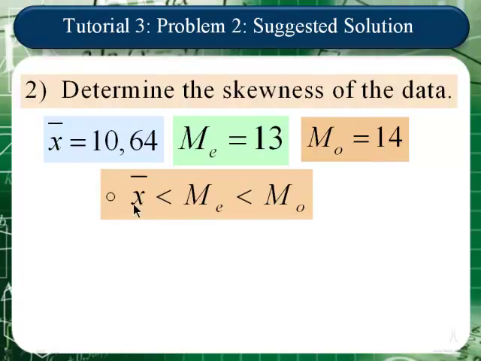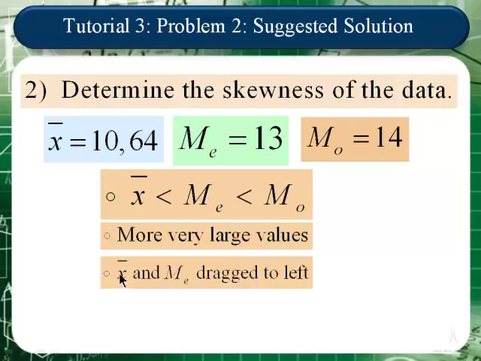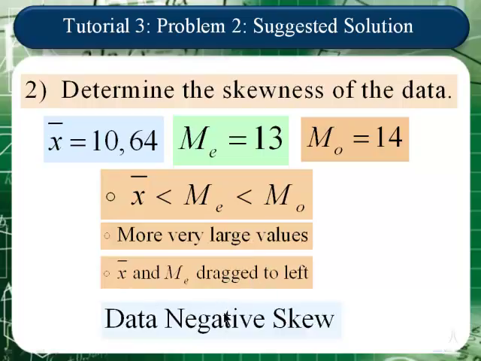We can observe that the median is less than the mode, but the median is greater than the mean. So there are more very large values. The mean and the median are dragged to the left, so therefore the data will be negatively skewed. A tail will therefore develop towards the left.